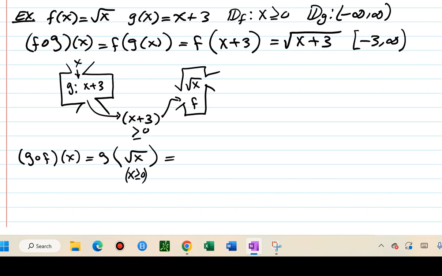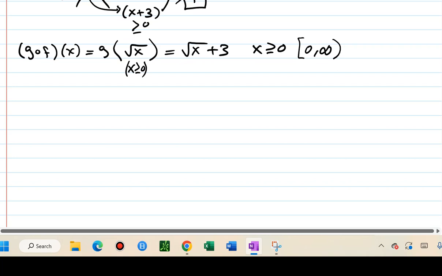But once a valid input goes into g, g will add 3 to its input. Okay, so what is going to be the domain of this one? X greater than or equals 0, which means bracket 0, parentheses infinity, right? 0 to infinity. That's that one. And there we have the composition.